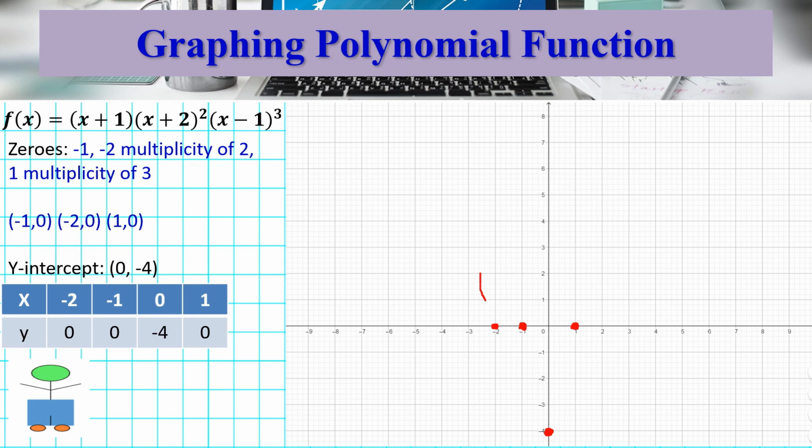So magmumultiplicity of 2 doon, so magta-turn tayo siya. Yan, pag ganun siya. And then, babalik ka papuntang negative 1. Ayan, daan ka ng negative 1. And then, bababa ka hanggang negative 4.